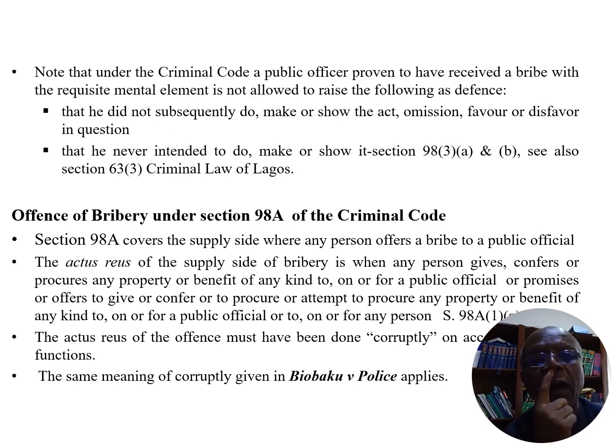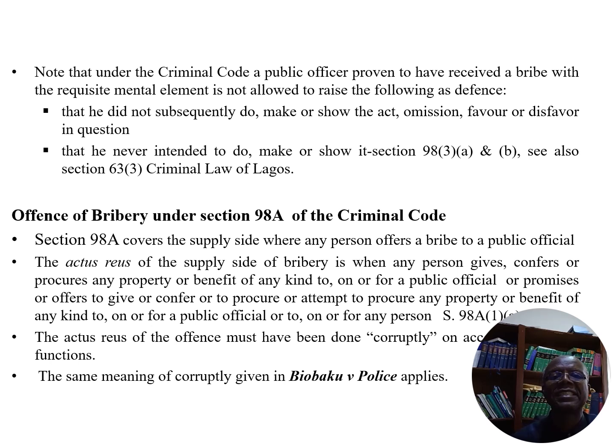Note that under the criminal code, a public officer proven to have received a bribe with the requisite mental element is not allowed to raise the following as a defense.